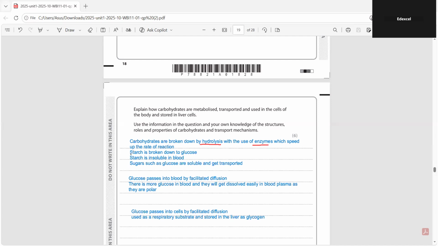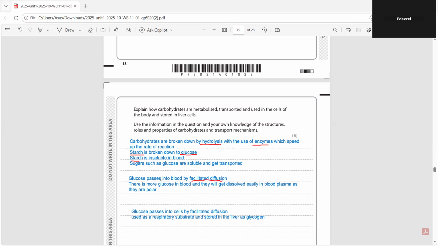So here the starch is broken down into smaller units called glucose. They are the monosaccharides, and starch is insoluble in blood, and once they are broken down into glucose, they are soluble and get transported. So that's why sugars such as glucose are soluble and get transported. Then glucose passes into the blood by facilitated diffusion.